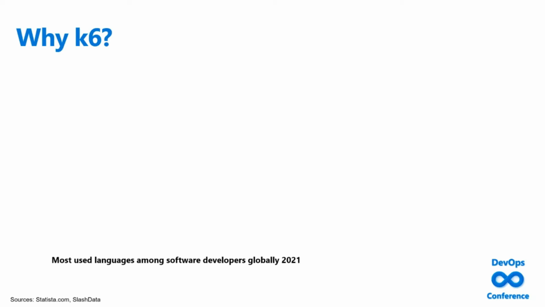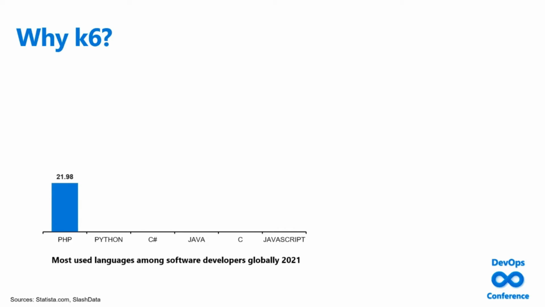Well, according to a survey taken by Statista.com, which asked software developers all over the world which was the most common programming language that they used during their career, these are the results. 21% said that they use PHP, 48% Python, for example.